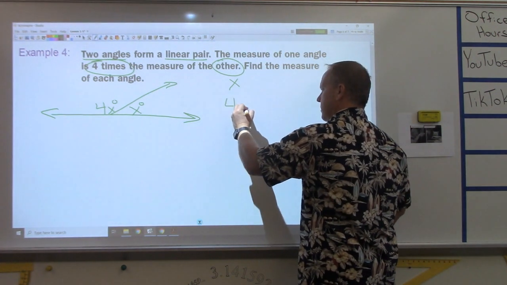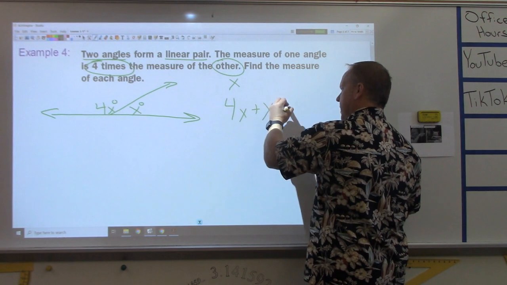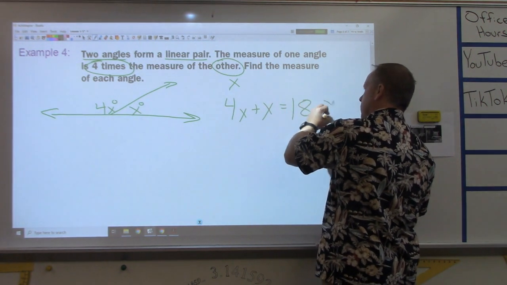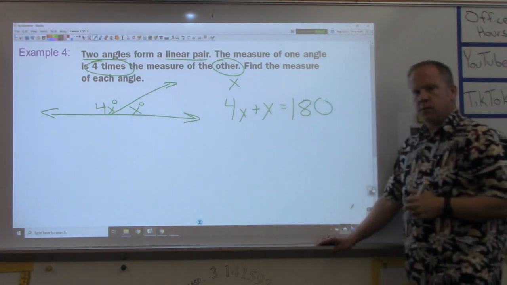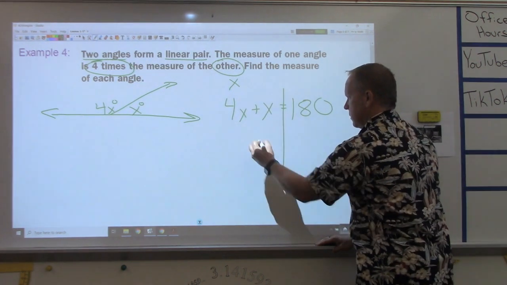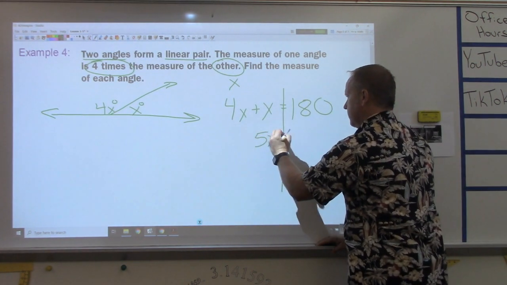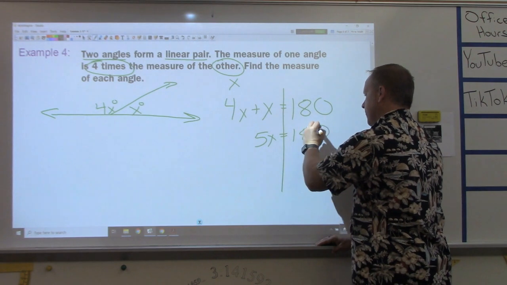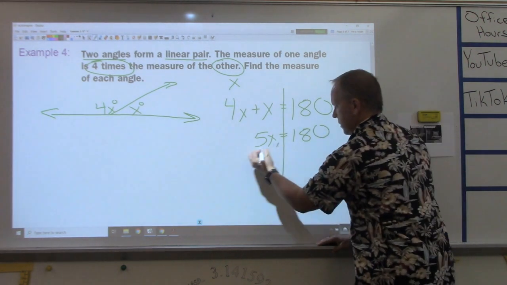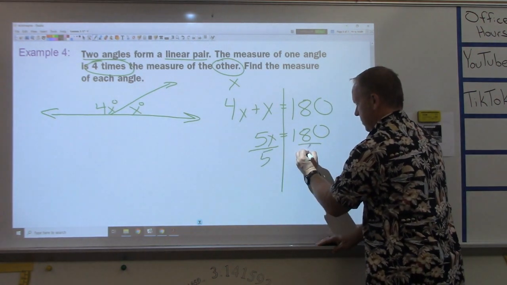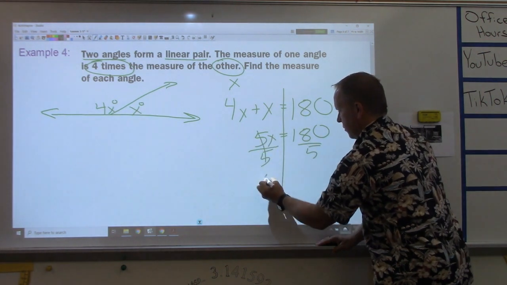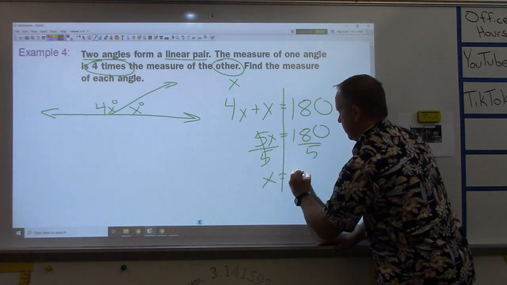So we're going to have 4x plus x equals 180. Do the algebra. Add your x terms, divide by 5. You get x is 36 degrees.